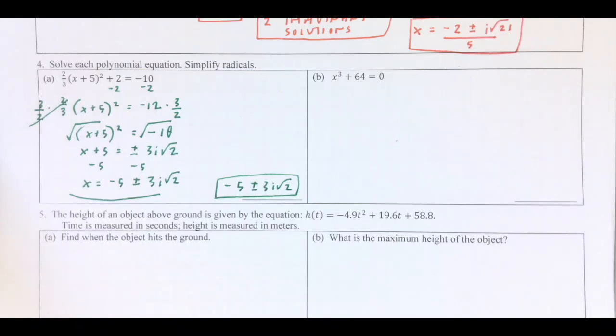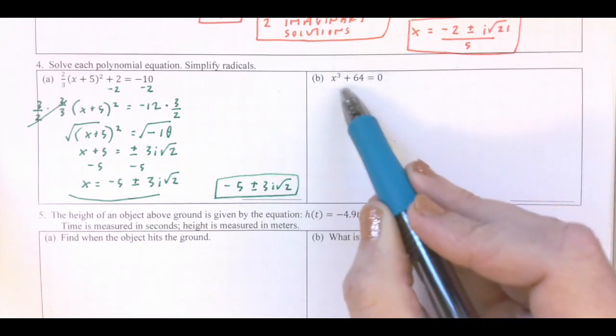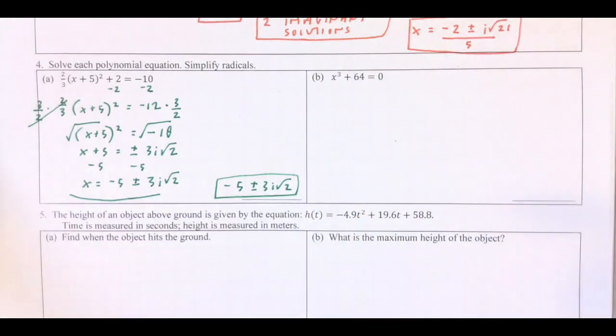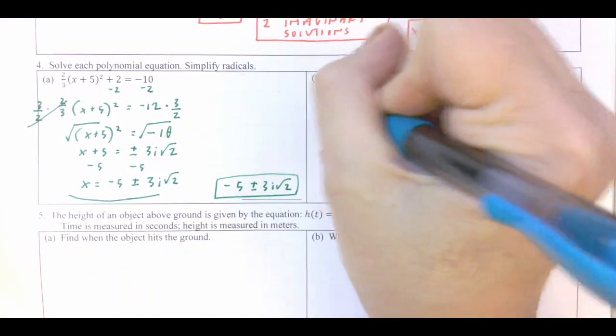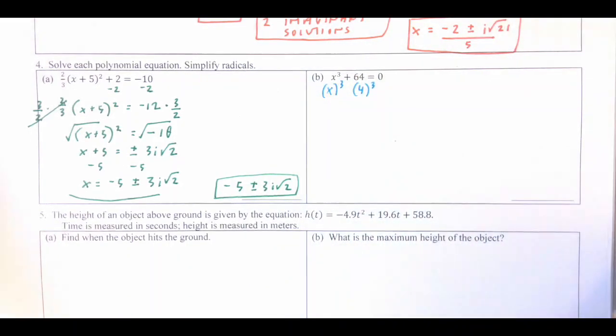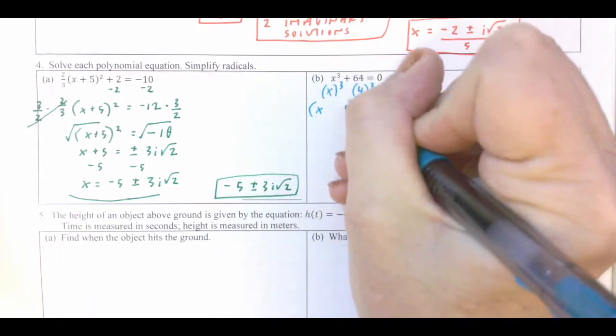Okay, next one here, I'm giving you x to the third power plus 64. I recognize that as a sum of cubes. I can see that this part right here is x cubed and 4 cubed. So if I factor this down, I have the x and the 4.